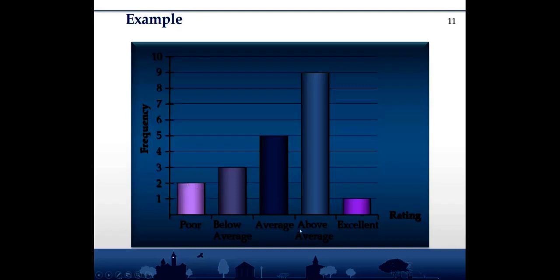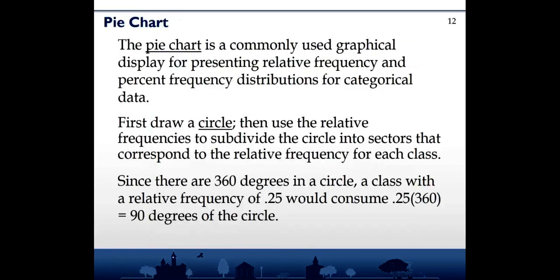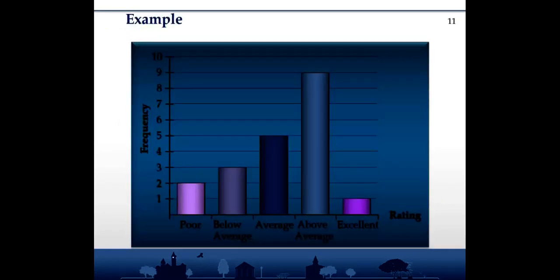Now we know that mostly we have above average rating. We don't have many excellent ratings. We can also obtain bar charts and a pie chart. So this is the bar chart. The height gives the frequencies, and you have each class here, and the height gives the frequency.